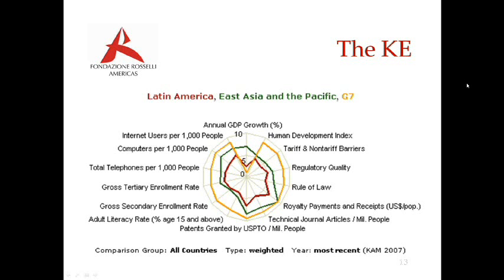Even though these are just figures, they give you the perception of how Latin America ranks among other countries in these parameters. But the region is catching up, and Brazil is the right example.